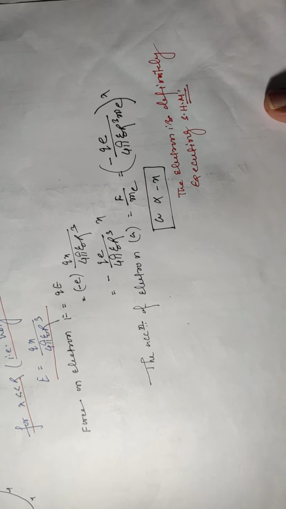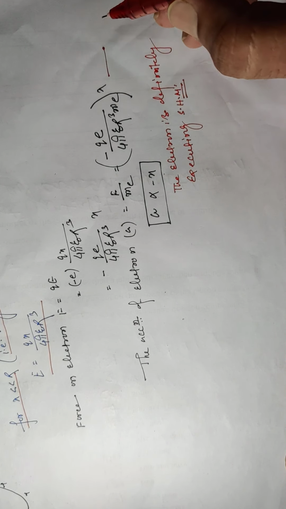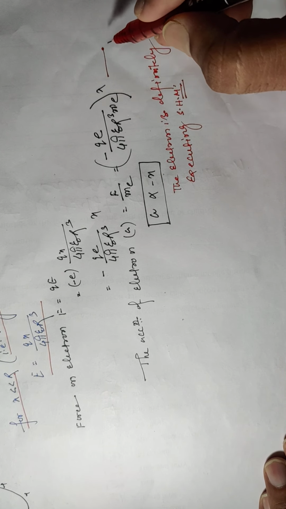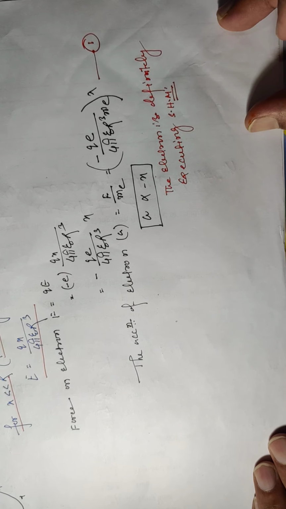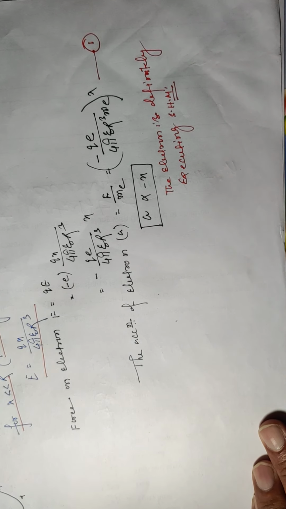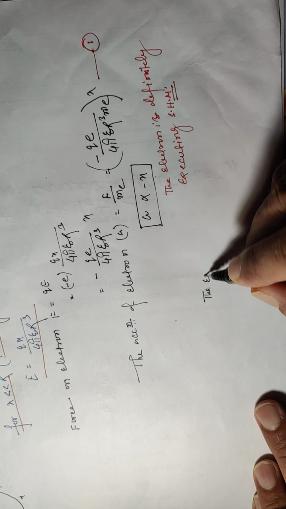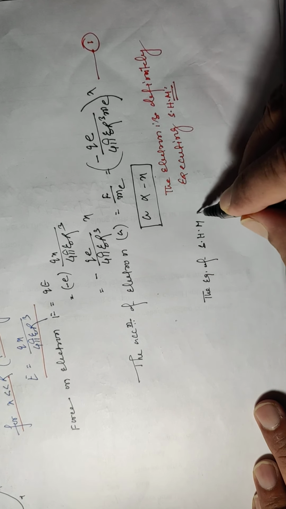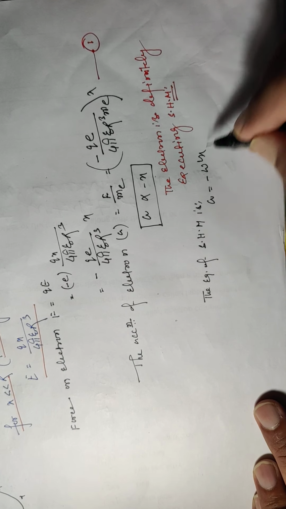Now, if we are interested in finding the time period and frequency of the SHM of the electron, we have to concentrate on this equation, that is equation number 1, and also keep in mind that the characteristic equation of SHM is nothing but a equal to minus omega square x.